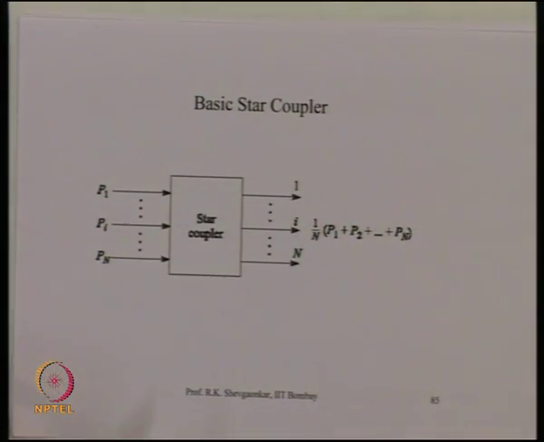So, you cannot arbitrarily increase the number of inputs and outputs for the star coupler, but the basic operation is the same: you have a set of fibers which are fused together, and the light gets combined and again redistributed to all the users. So, in a typical passive distribution network of a WDM system, we would need a device like a star coupler.